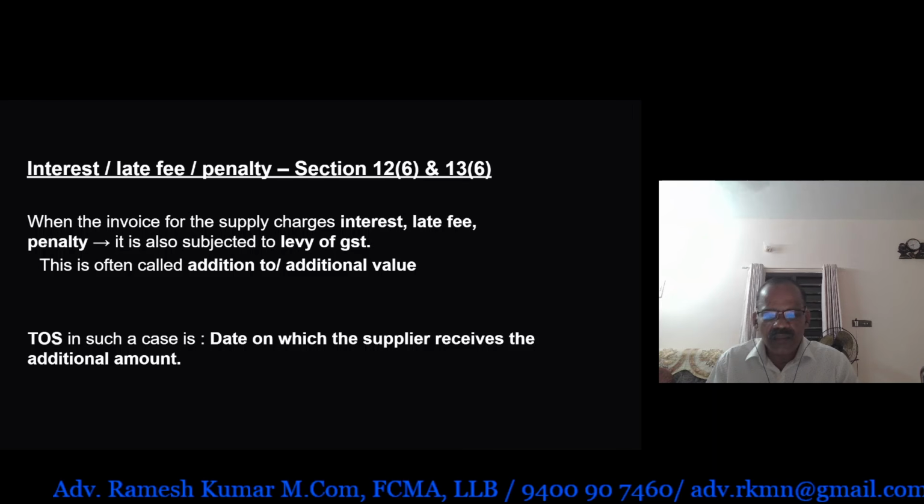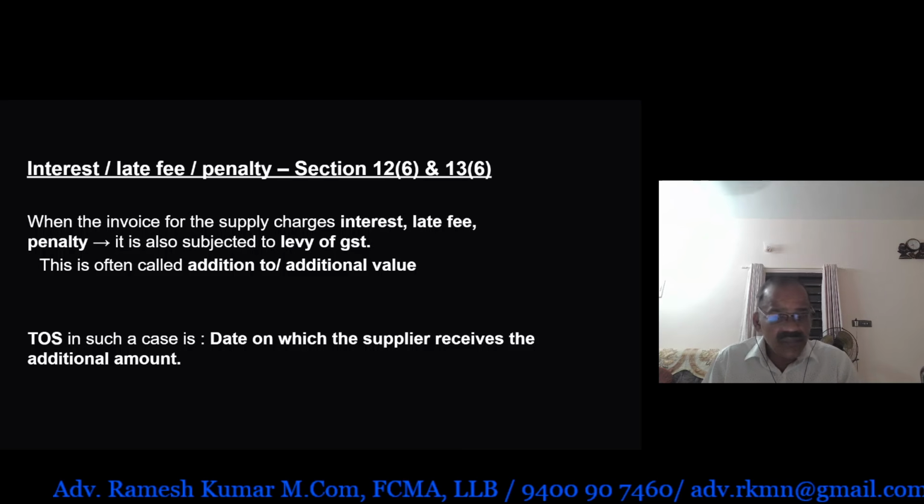Now, the important question for our present discussion is, when is the GST liability on this additional value created? The answer is the time of supply. To the extent of the additional value, it is the date on which the supplier receives that additional amount. Suppose the original invoice was rupees 1 lakh. The customer delays the payment and subsequently pays, say, 5,000 rupees as interest.